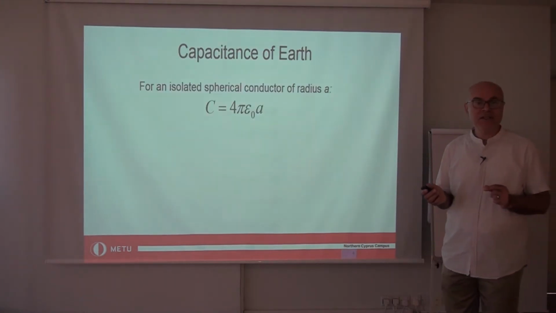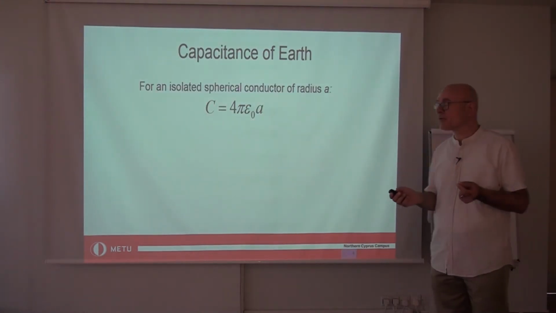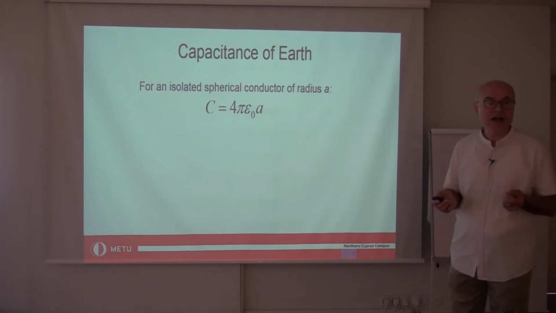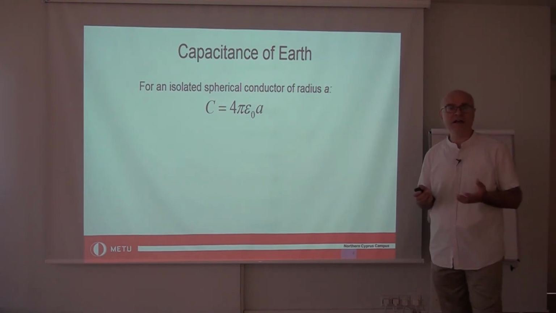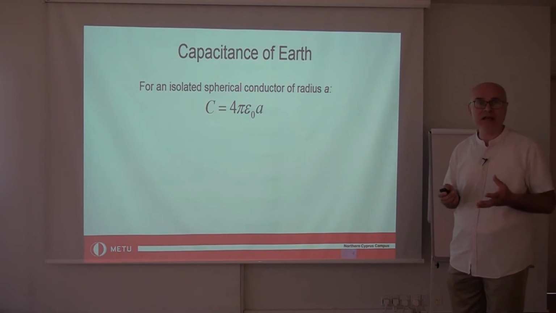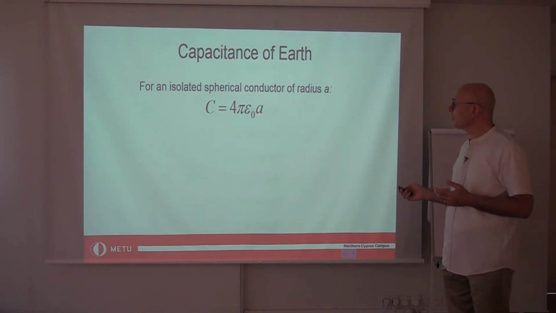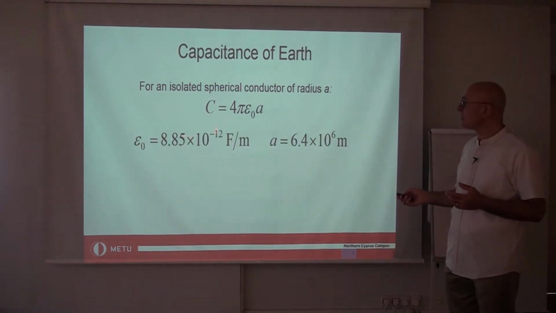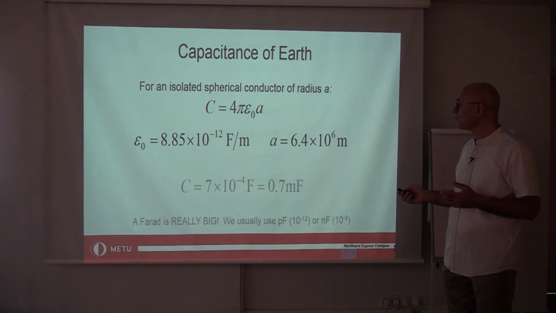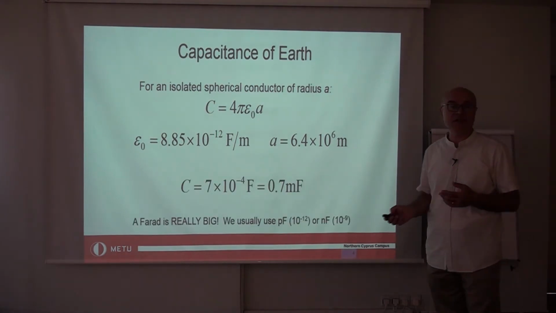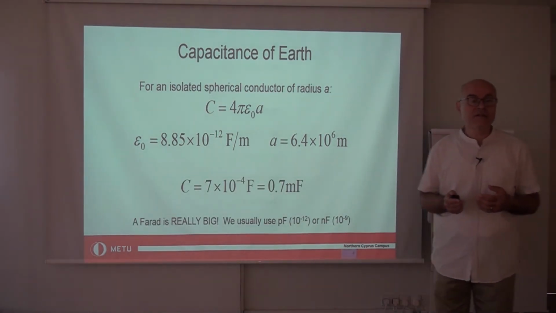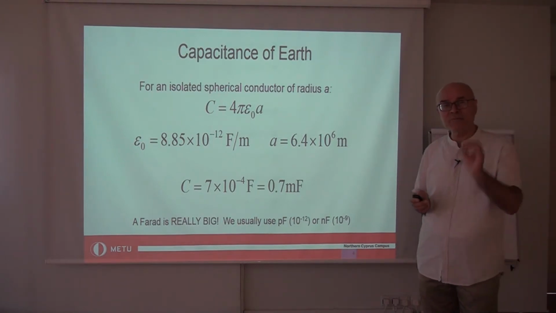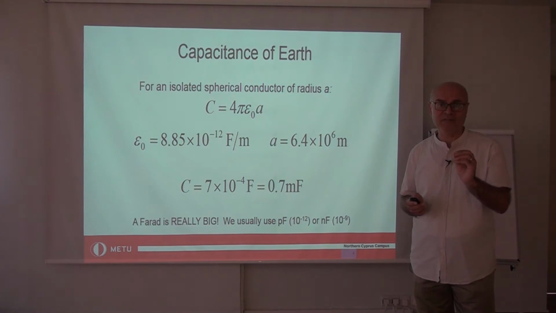Now, to give you an example of how large the farad is, let's consider the capacitance of the Earth. You can think of the Earth as a conductor, a spherical conductor. This is the capacitance of a spherical conductor. Substituting these constants here, epsilon naught and the radius of the Earth, you get the capacitance of the Earth as 7 times 10 to the power minus 4 farads, which is just 0.7 millifarads.